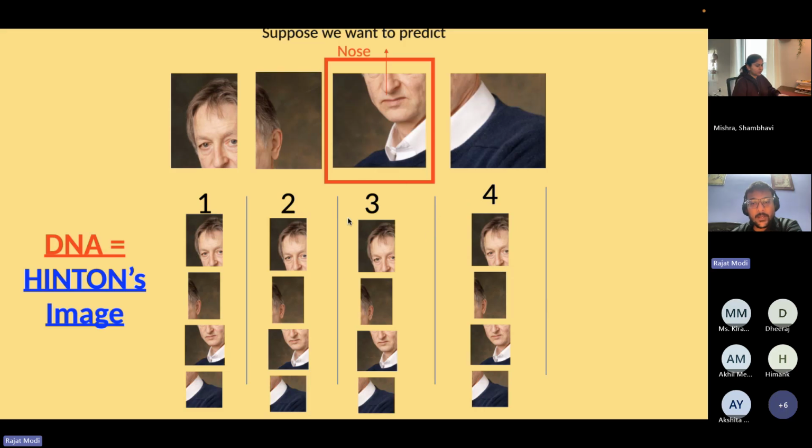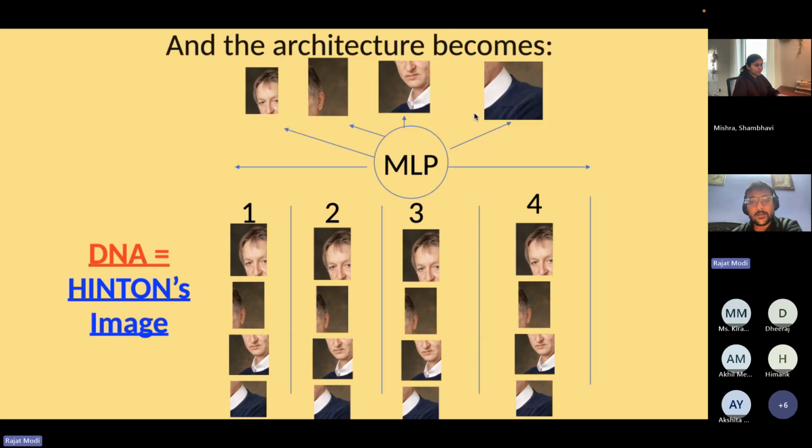If you look at this column, there is the whole image and the MLP is trying to predict what is present at location 3, which is the nose. Similarly, if the MLP looks at this column, there is the whole image, and it is trying to predict what's at location 4, which is the collar.